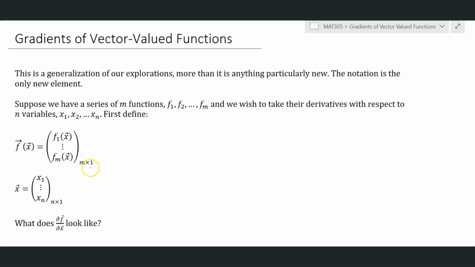So we're just stacking all of our functions in a column. Now this is an m by 1 vector because we have, again, m functions, one column. Each of those functions, however, inputs a vector. And that vector x can generically be written as an n by 1 column, x1 all the way down to xn. So nothing vastly new there.